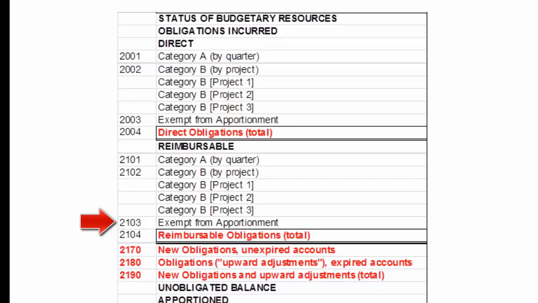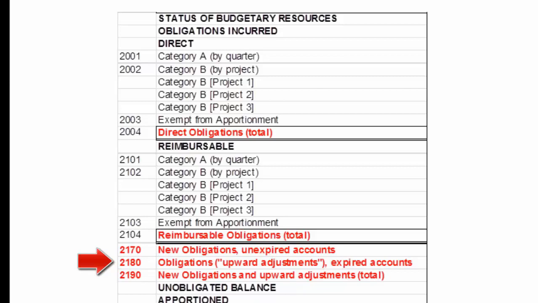In a recent update, the SF133 added line 2170, which summarizes new obligations in unexpired accounts, and line 2180, which summarizes upward adjustments in expired accounts. Upward adjustments are increases in obligations in expired accounts from expired resources.